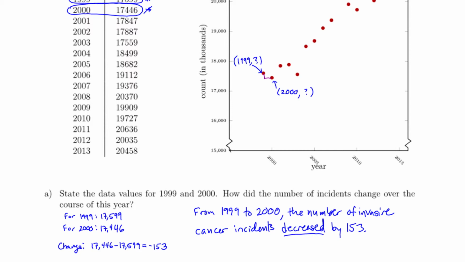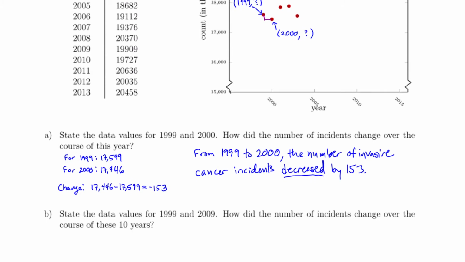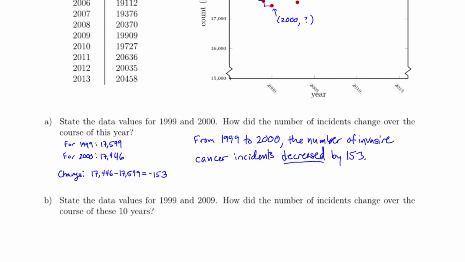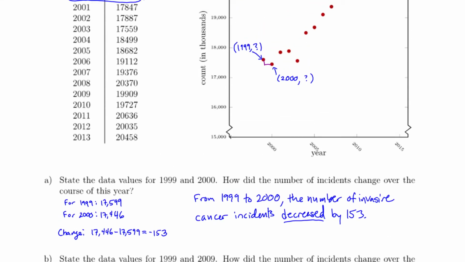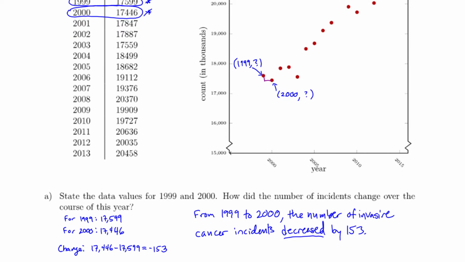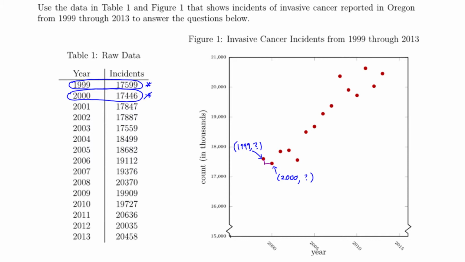The next thing we're going to look at is Part B here. Part B asks us to state the data values for 1999 and 2009. And then we're asked, how did the number of incidents change over the course of these 10 years? So now we're looking at a greater length of time. So if we come back up to our figure and our table, we're going to look at 1999 and 2009.